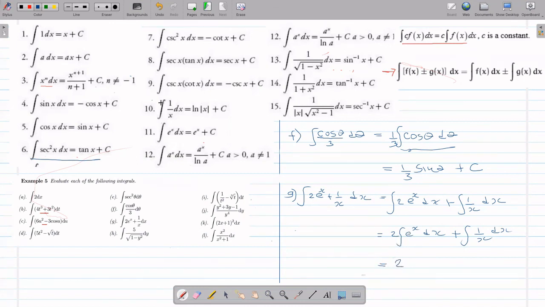The derivative of e to the x is e to the x. Integration of e to the x is e to the x. And we'll do the constant at the end. Then 1 over x ln x plus c.